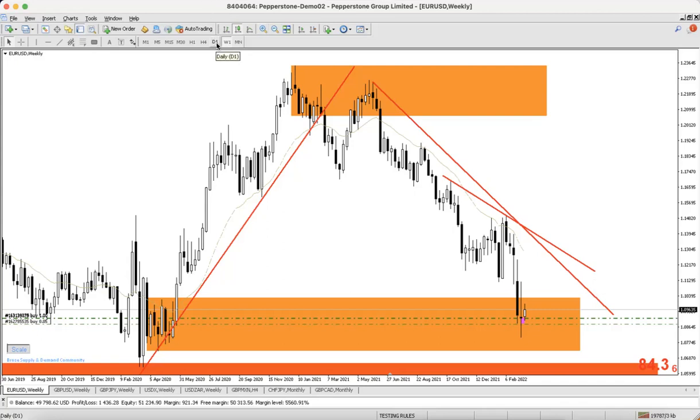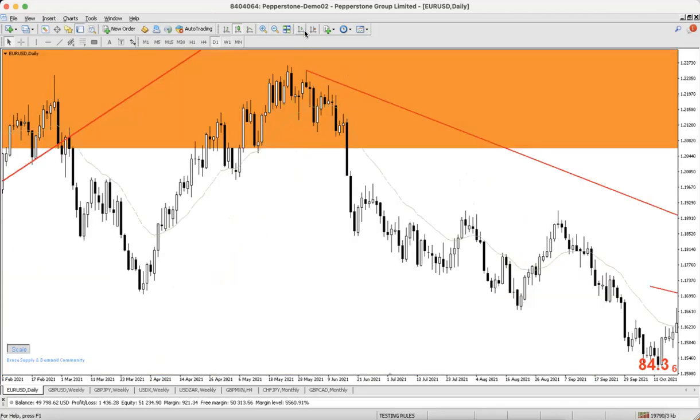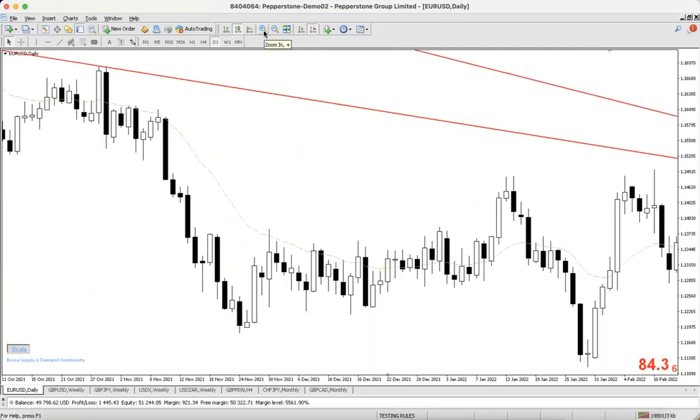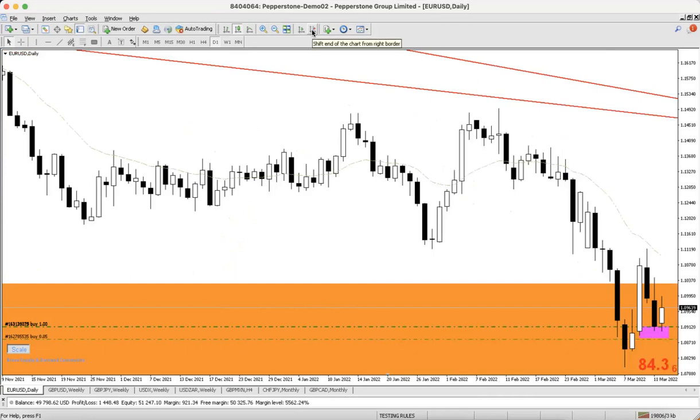What about daily? Let's look at the daily time frame, right? The daily time frame shows Euro USD, do we have any value? Like here we have a PCP, another one here, printed this.